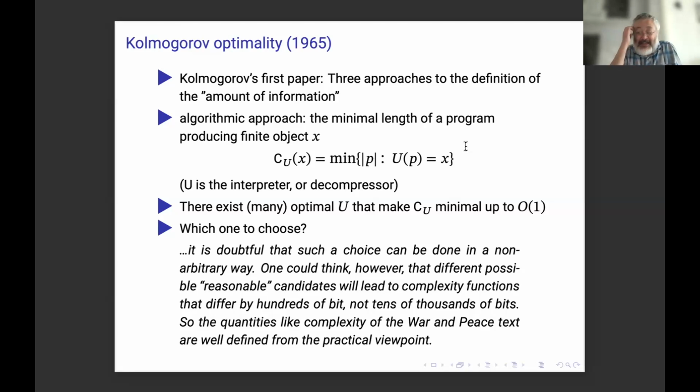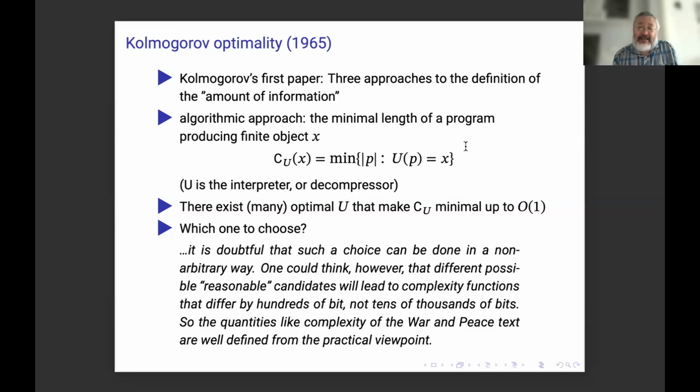We will see it later, but still for War and Peace, it's long enough to make this quantity meaningful. So it's interesting to see how different people tried to choose this U: what were the attempts to fix some U, or to consider some more precise class, not all optimal U, but only some optimal U.